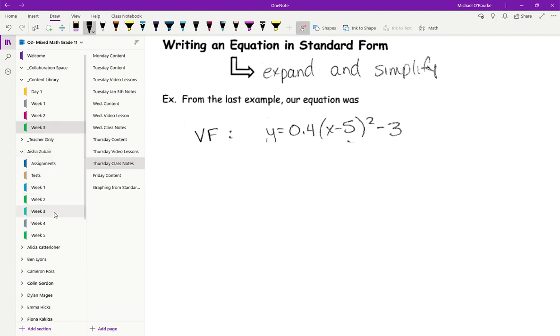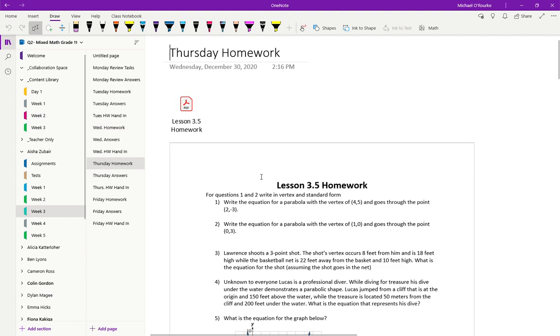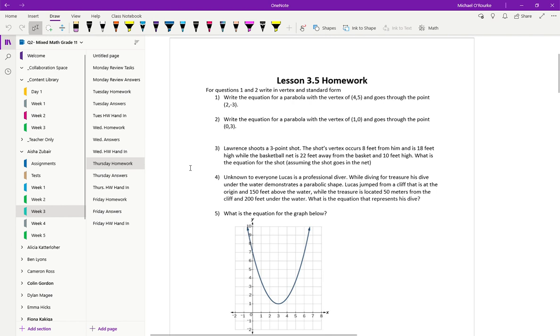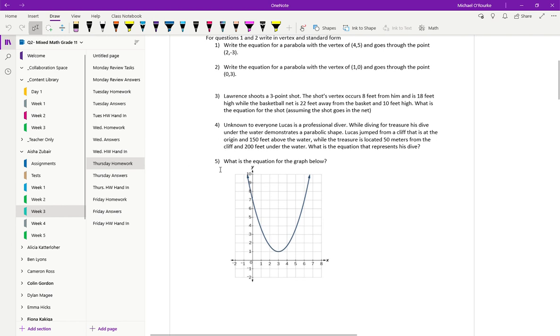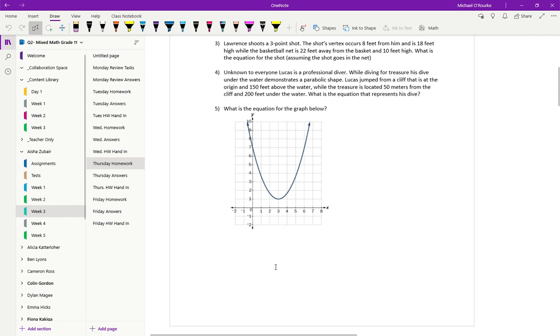Go into Z's folder, homework, and you have 5 questions here to work through. There's one where you can grab it from the graph. There are 2 regular ones, 2 word questions, and a graph one.